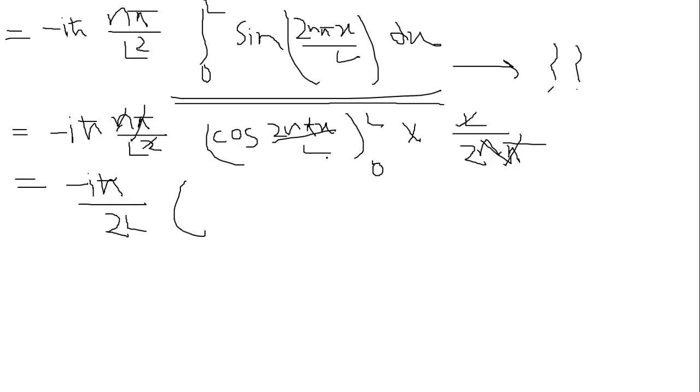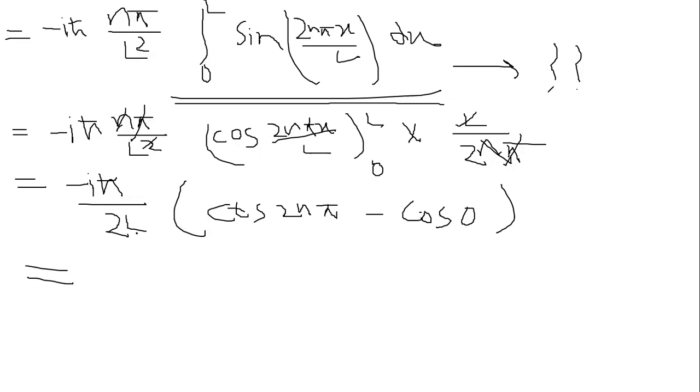So when we calculate, when you put L in place of x, it will be cos 2n pi, minus, when you put 0 it will be cos 0. So what is the value of cos 2n pi? Anyone?